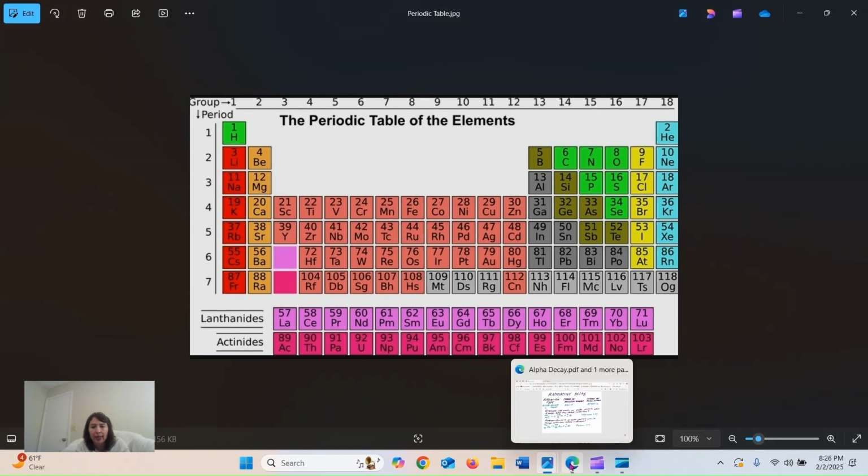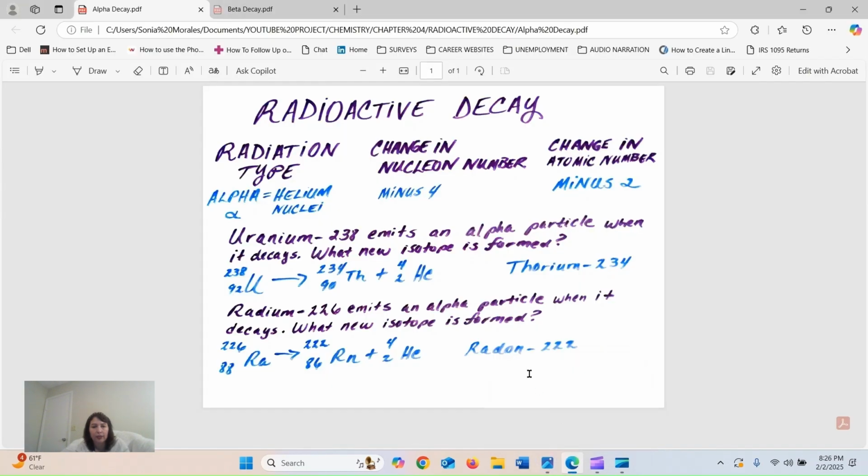So that being said, let's go back. So what happens in alpha decay? Well, alpha particles are emitted, which are identical to helium nuclei, which I've already discussed. So if you look here, here's helium.